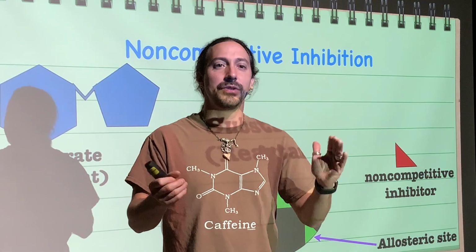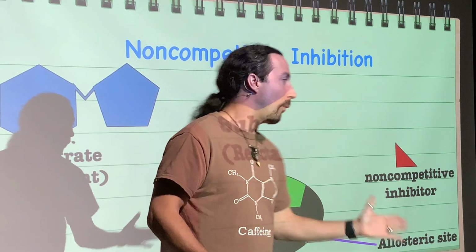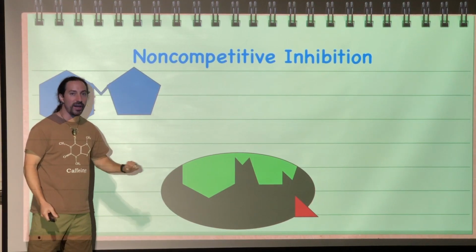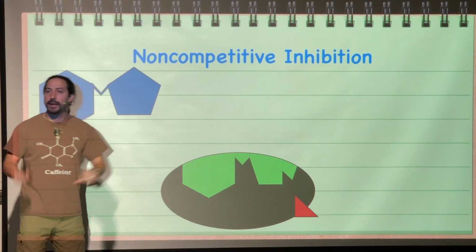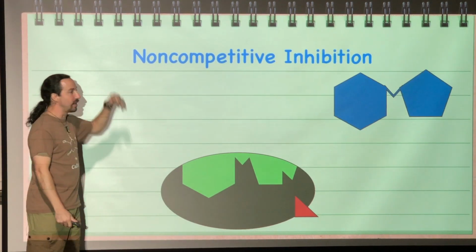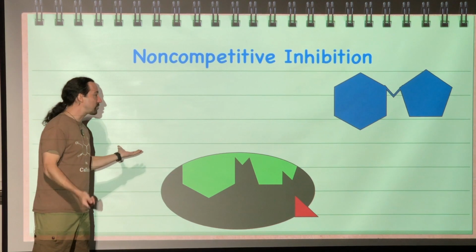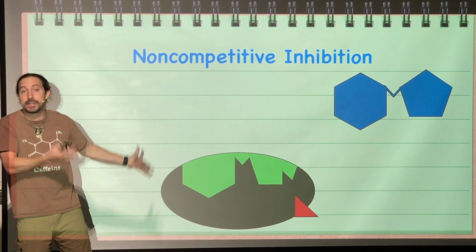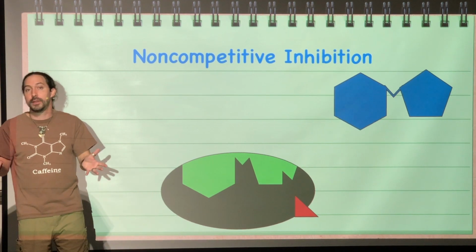It goes to the allosteric site. And when it fits into the allosteric site, it causes a conformational change, a change of shape in the active site. So now our substrate doesn't fit. And since our substrate doesn't fit, again, the enzyme is effectively turned off.